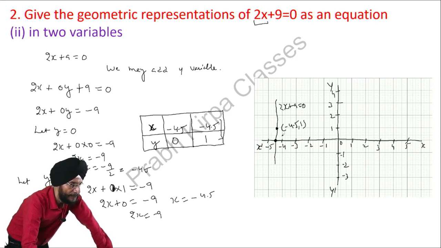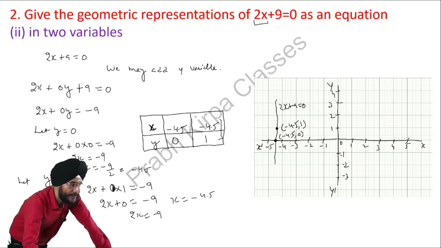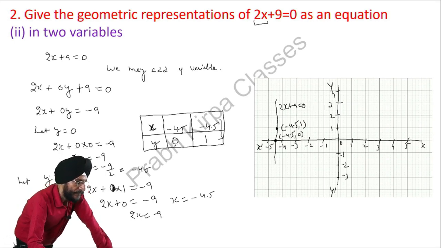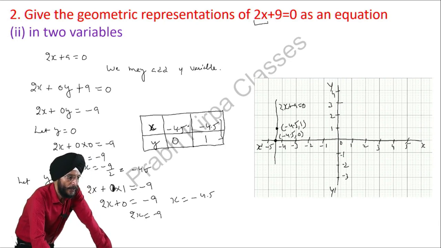Here at this point it is minus 4.5 and here the value of y is 0. Because we are to write the values of x first followed by the value of y.